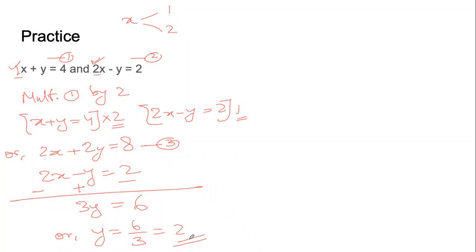Now if we put this value of y in any of the equations, suppose we put it in equation number 1. I'm sorry for this bad handwriting. So if we go back to equation number 1, and let us say this is 4, if we put the value of y that we have found in equation number 1, we get x plus 2 equals 4.